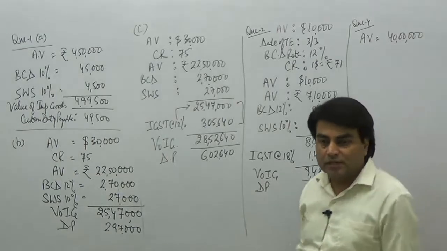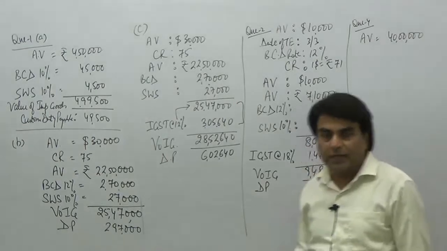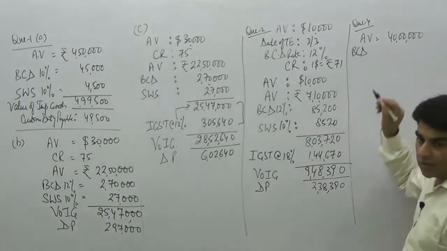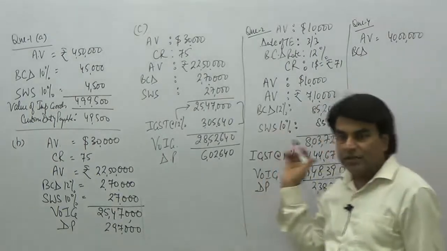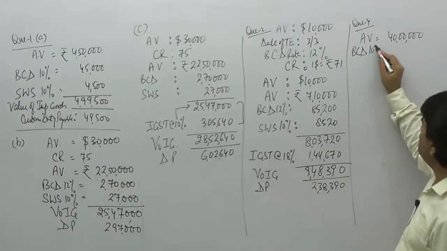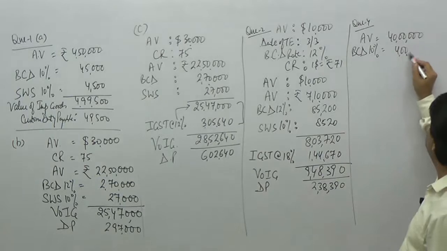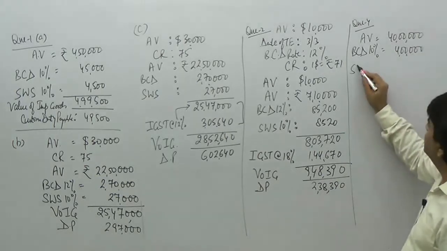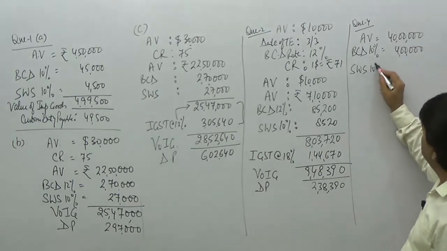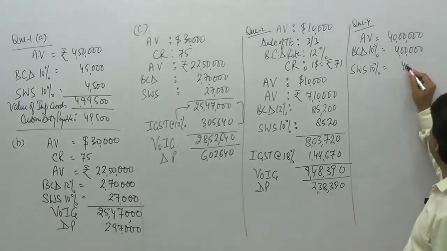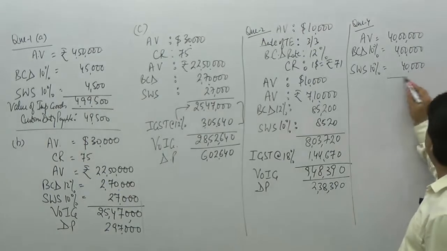Now on assessable value, directly work out your BCD amount. BCD, what is the rate given? The BCD rate is 10%. So this would be 4 lakhs. Apply SWS. Given or not given, you need to apply this. This would be 40,000. Make a total of this.